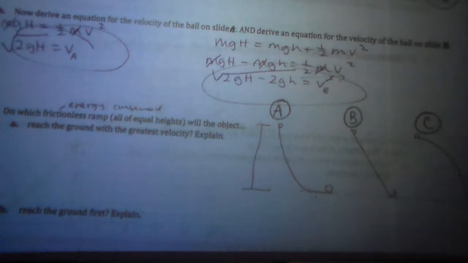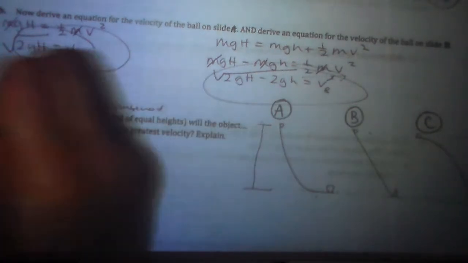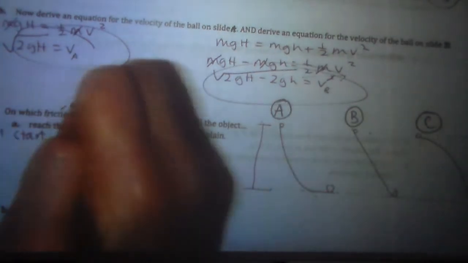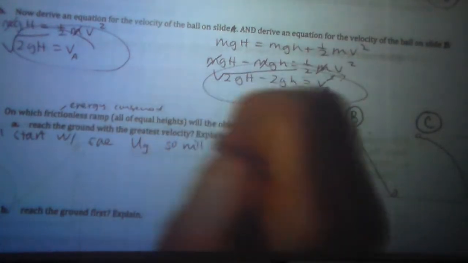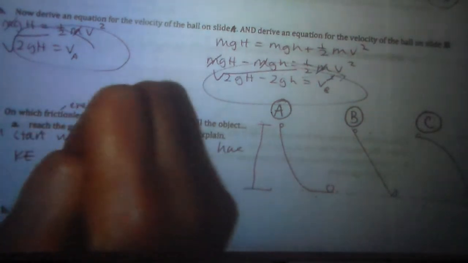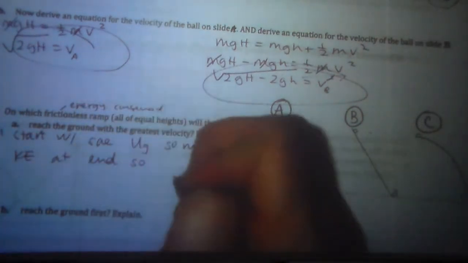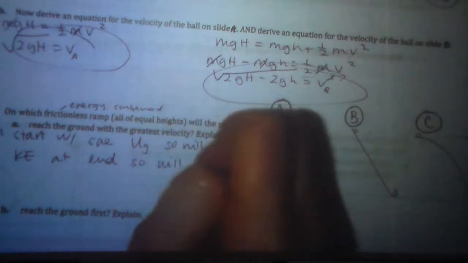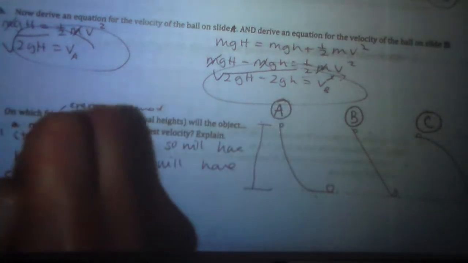And then they will all have the same speed. So all start with the same potential, so we'll have the same kinetic at the end, so we'll have the same speed.